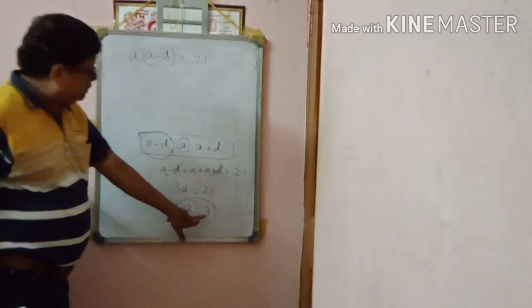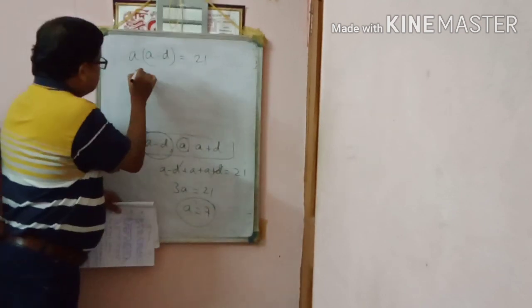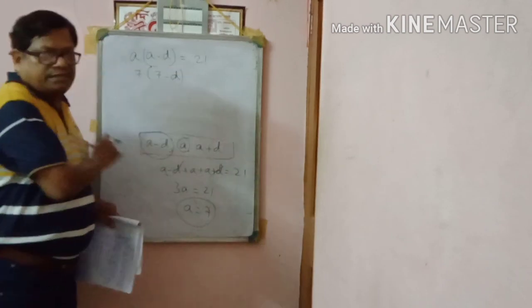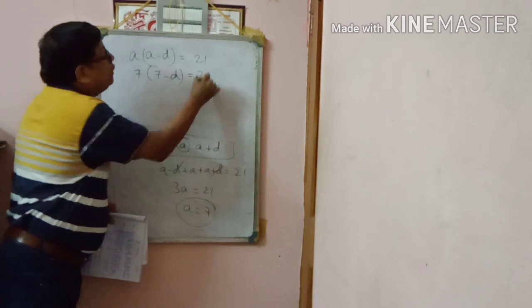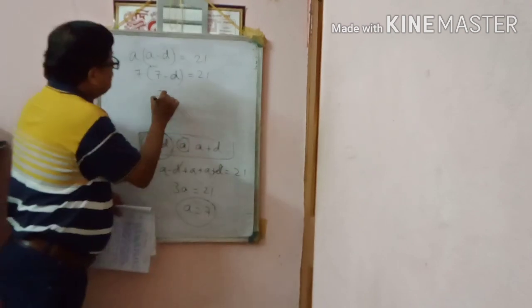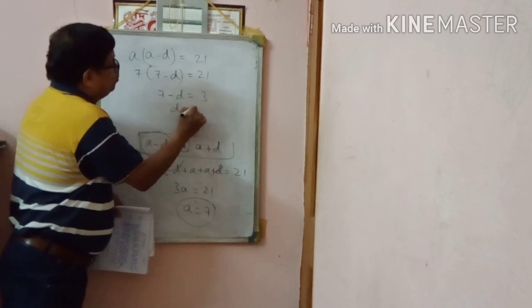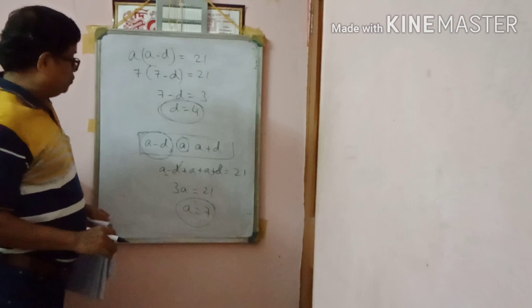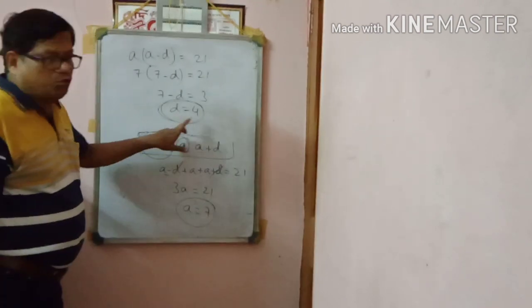Already you got a equals 7, so we put the value 7 into 7 into (7 minus d) equals 21. So 7 minus d equals 3. Here d equals 4.